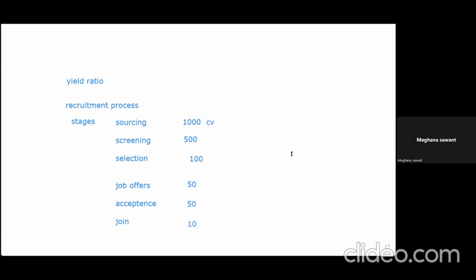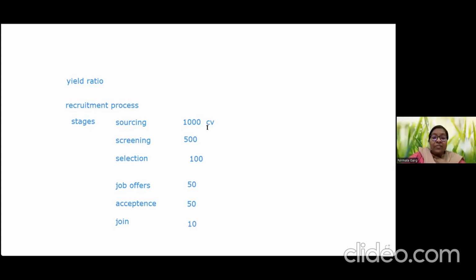So one broad yield ratio that organizations typically look at is sourcing to joining. Out of 1,000 CVs, only 10 have joined. Look at the entire cost and effort: receiving 1,000 CVs, sending so many, then screening and selecting them.